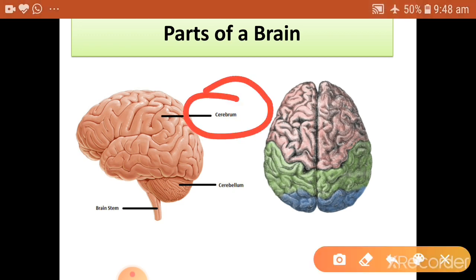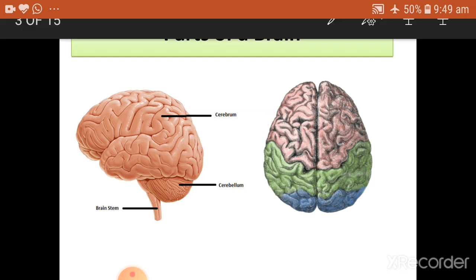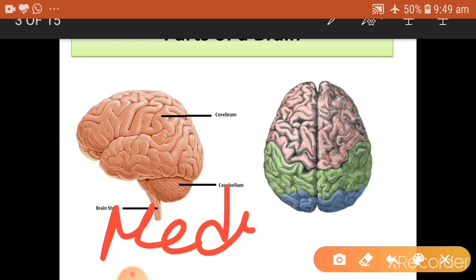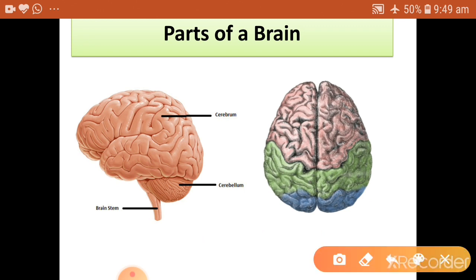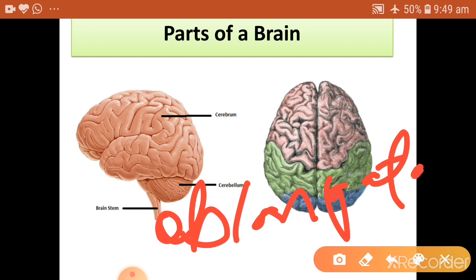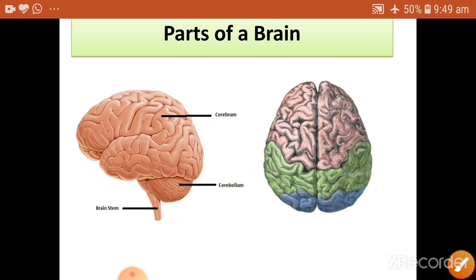The brain stem, in biological terms, we call the medulla oblongata, M-E-D-U-L-L-A. Don't worry, we will come to this. These are the three parts of the brain. There are other minor parts which you'll study in detail in higher classes, but right now you'll get confused, so just remember these three parts.